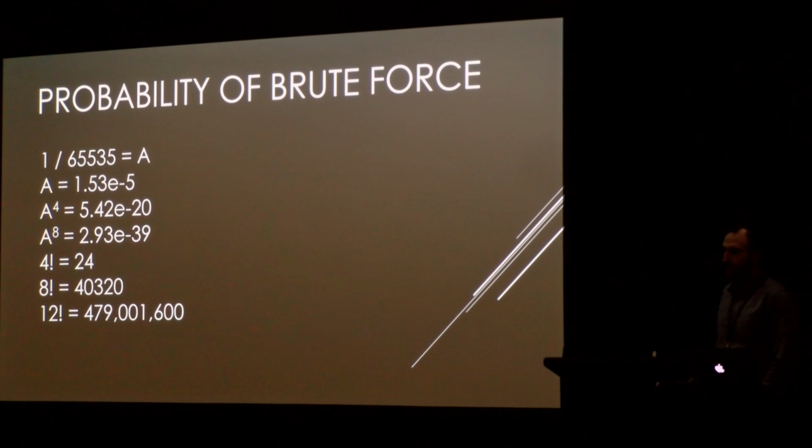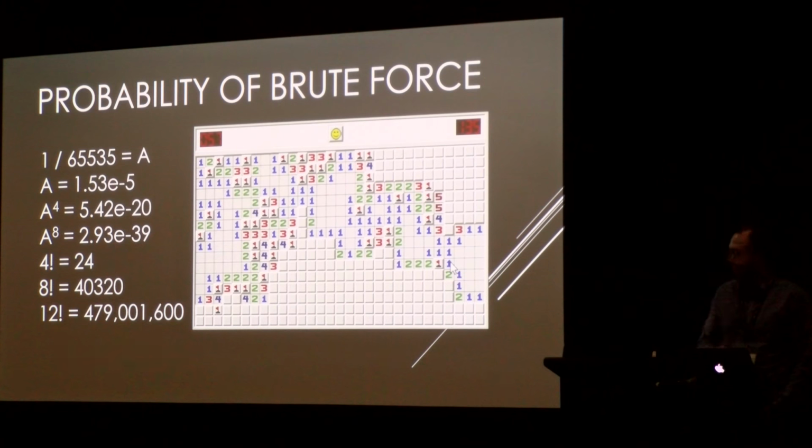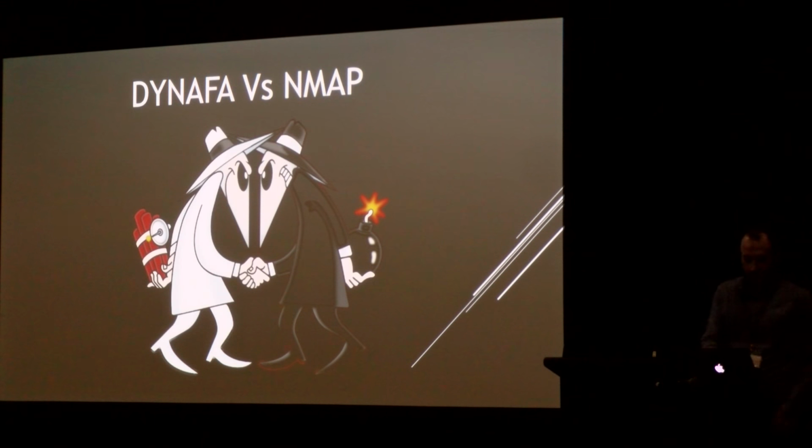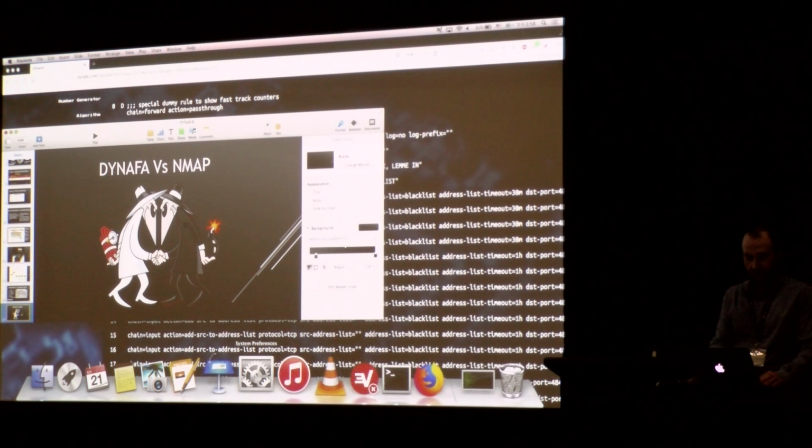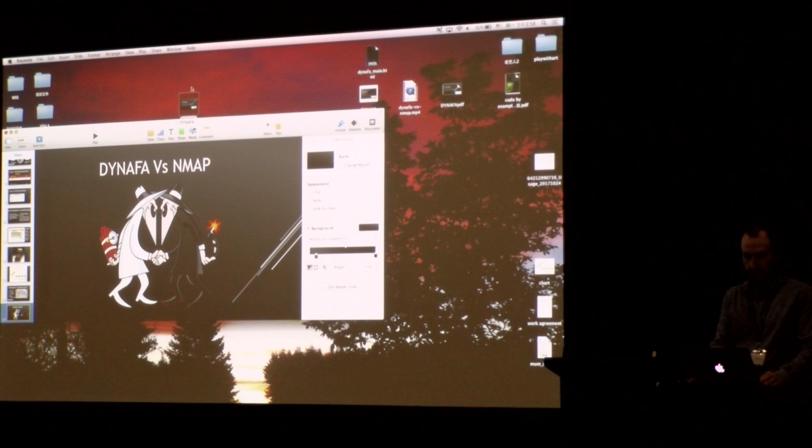But if you have a backdoor, the probability of guessing the backdoor is 1 in 40,000. And if they think that your authentication chain is 12 long, then they have 480 million different combinations. It's kind of like playing Minesweeper, except a lot harder, and there are no clues as to where you might access it from. So I want to show you something, a simulated attack of my router.